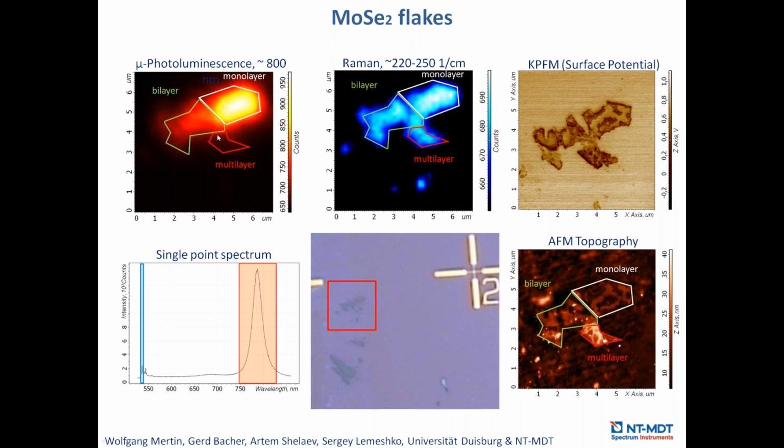It shows rather low intensity photoluminescence. On the Raman signal, we see quite uniform intensity signal, which just demonstrates that there is a material of molybdenum diselenide. And on the topography, we can also see the difference in monolayer, bilayer, and multilayer regions. Also, there is a surface potential image.